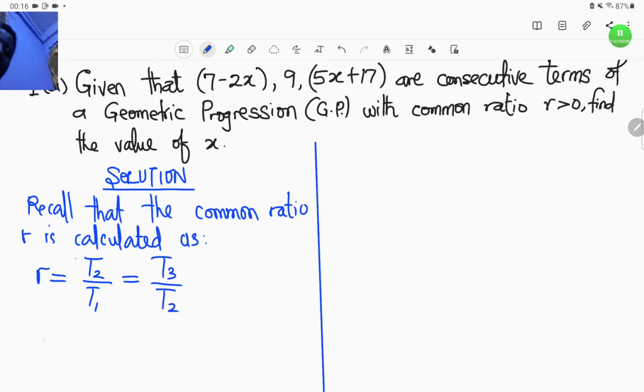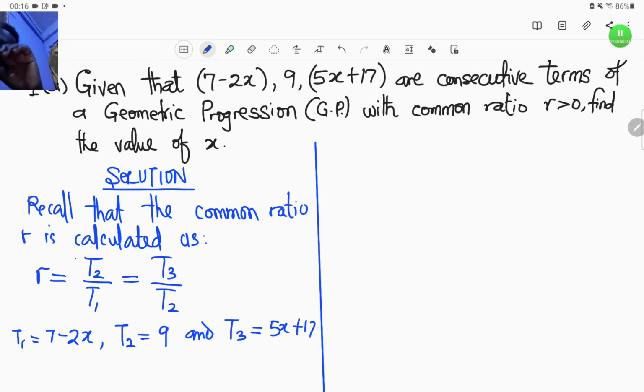From the question, the first term equals 7 minus 2x, the second term equals 9, and the third term equals 5x plus 17.